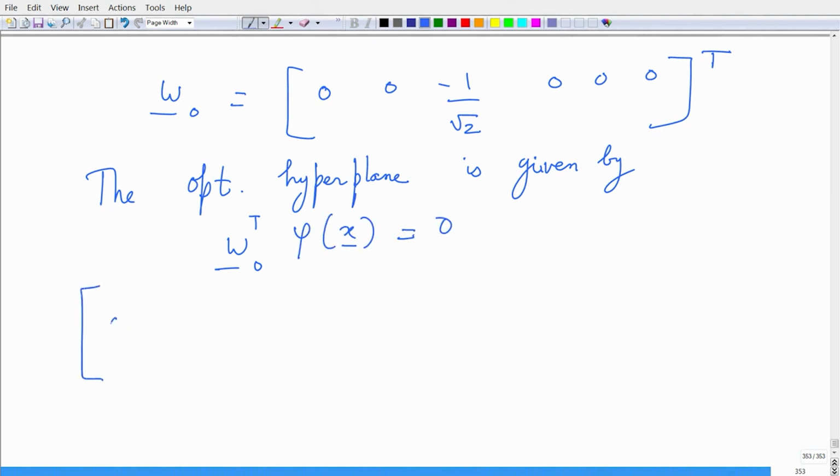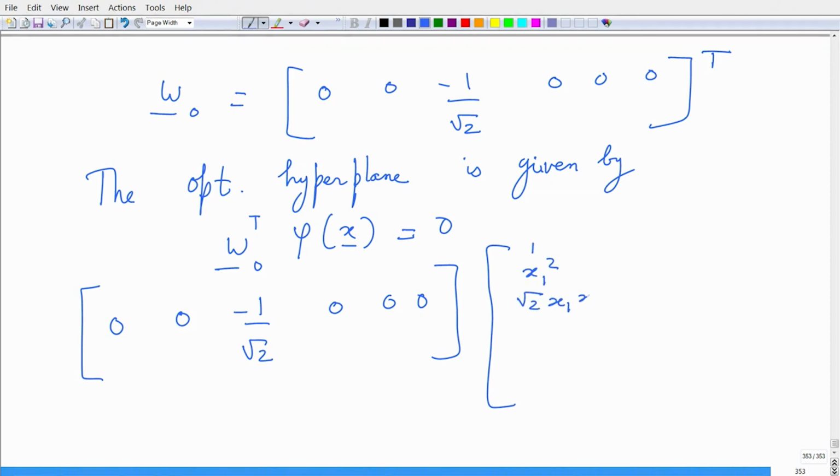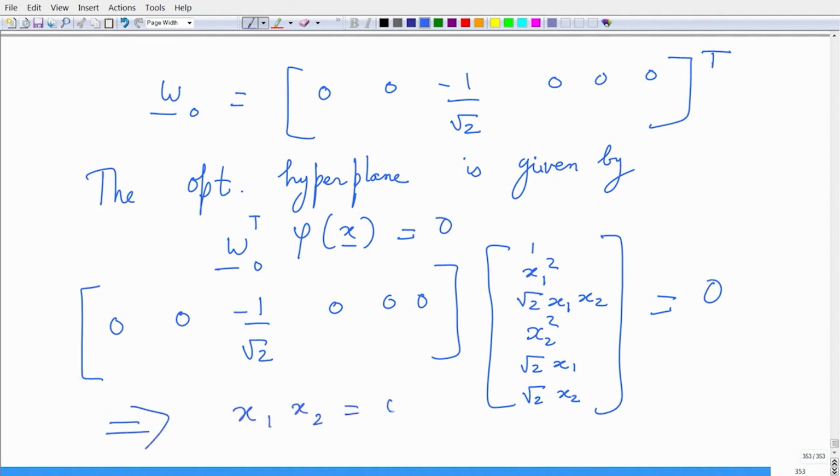I plug this in: 0 0 minus 1 upon root 2 0 0 0 times 1, x1 square, root 2 x1 x2, x2 square, root 2 x1, root 2 x2, this is equal to 0. So, just the third term remains. So, this implies x1 x2 equal to 0 is the decision boundary.